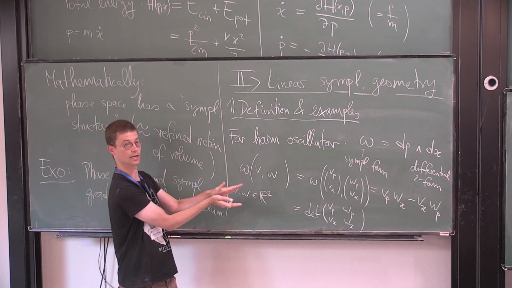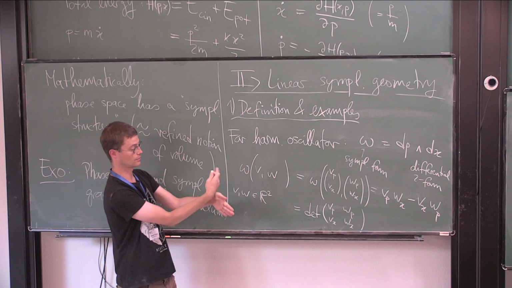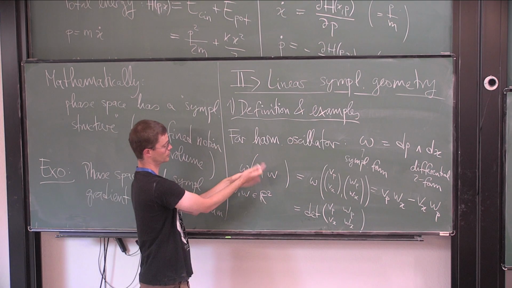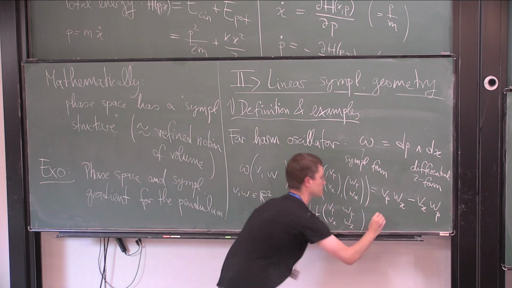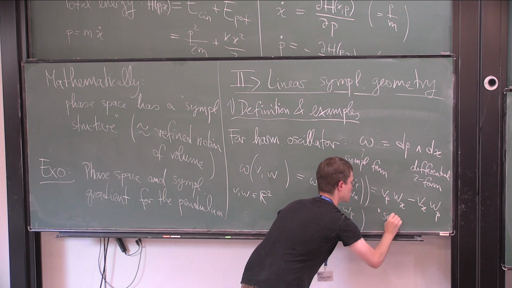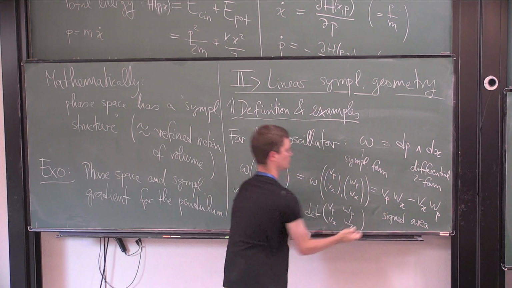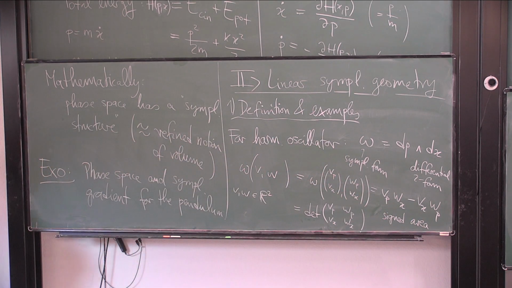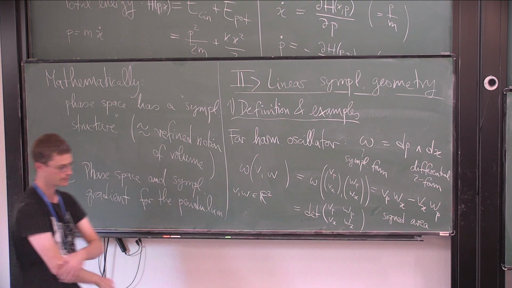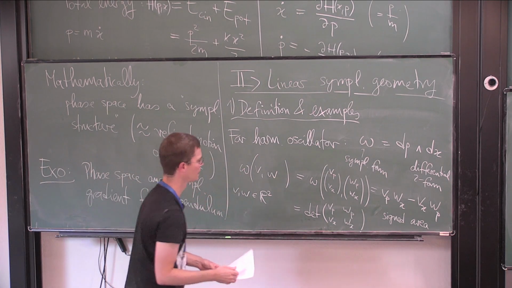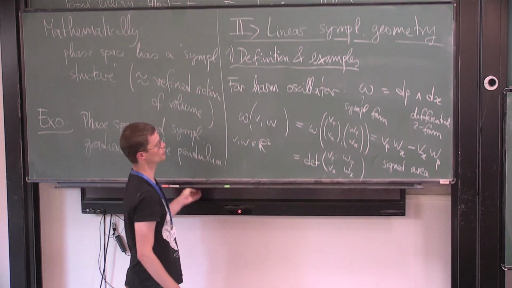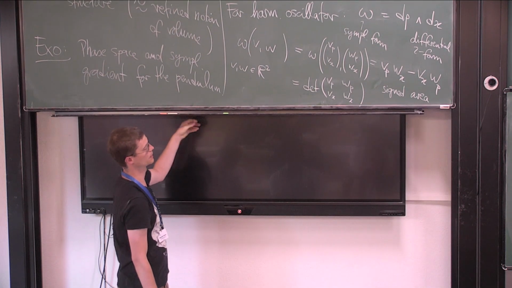It's actually a signed area: if you switch the order of these two, you get a minus sign. So this is a signed area. Okay, so this happens in R2. So what happens now in Rn?